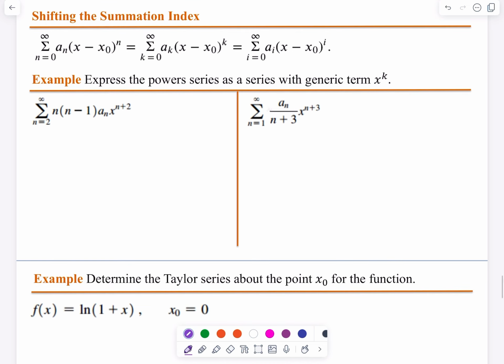Well, now there are situations where we want to change or shift the index of summation.